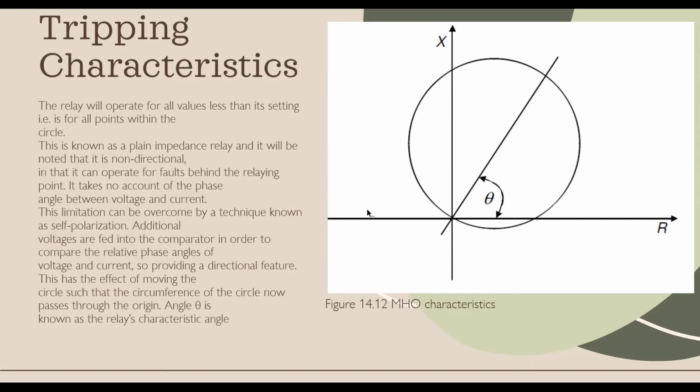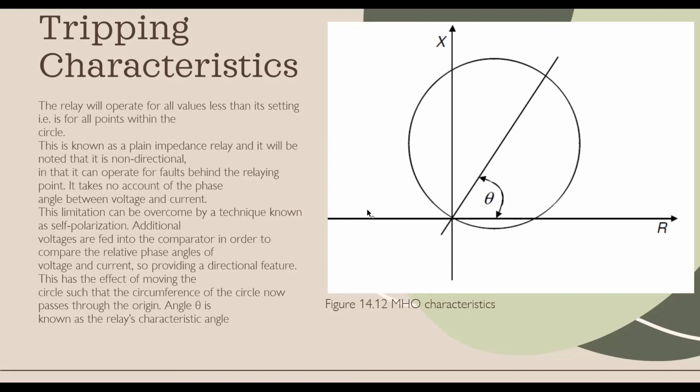The limitation can be overcome by a technique known as self-polarization. Additional voltages are fed into the comparator in order to compare the relative phase angles of the voltage and current, so providing the relay a directional feature. This has the effect of moving the circle such that the circumference of the circle now passes through the origin.